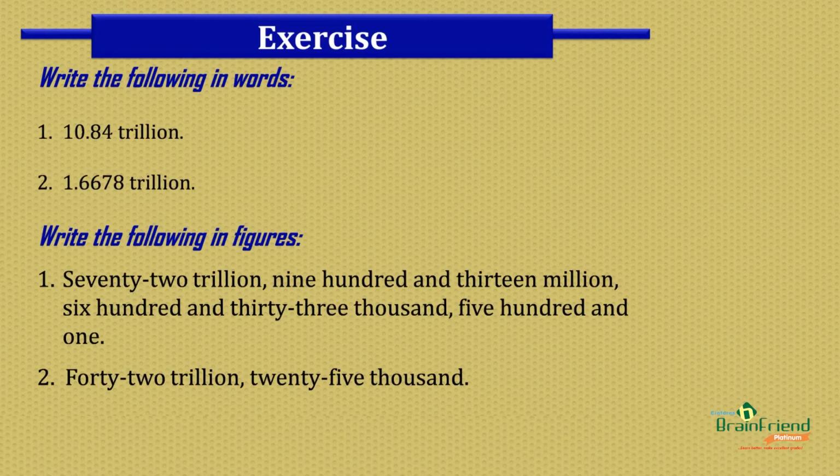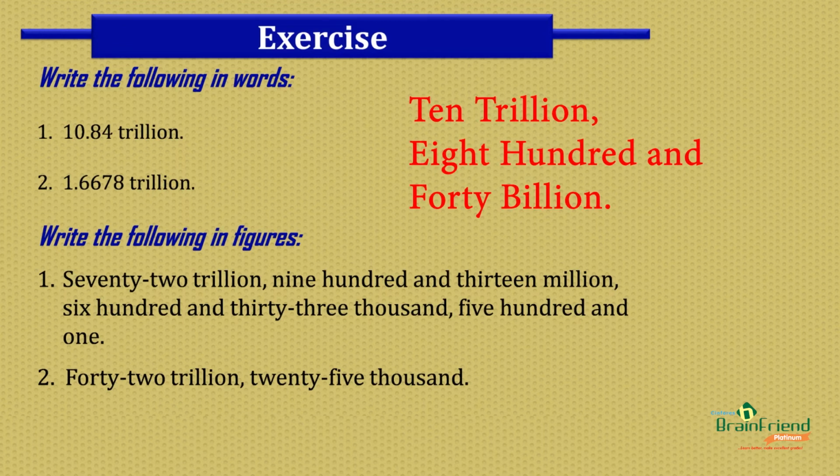Pause the video and try out the questions. I'm sure you are done. The instruction says, write the following in words. Question 1, 10.84 trillion. So we have 10 trillion 840 billion.